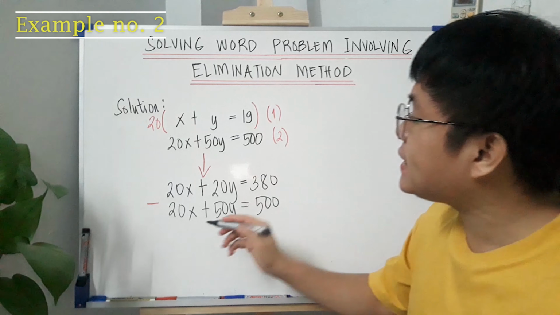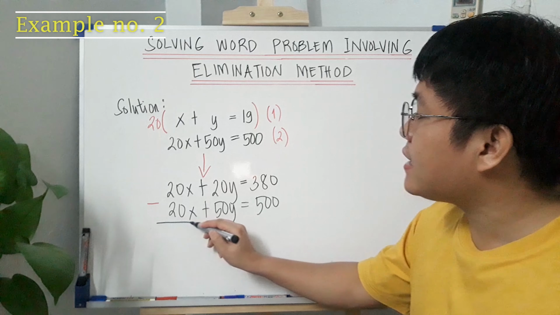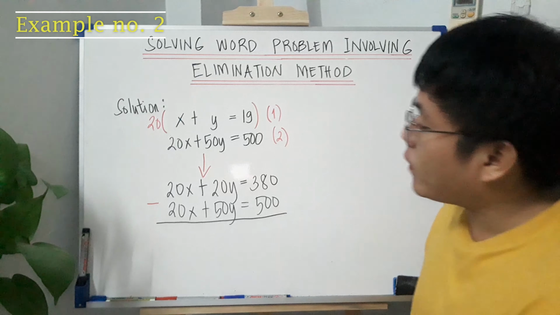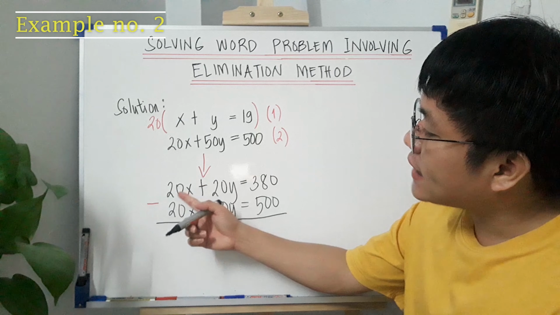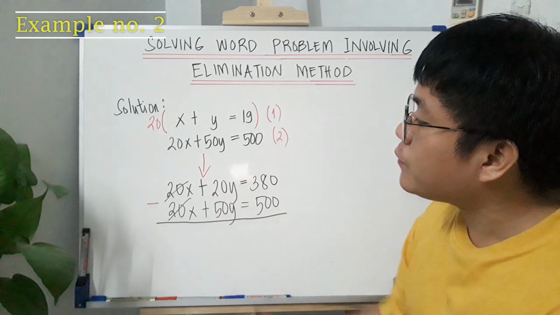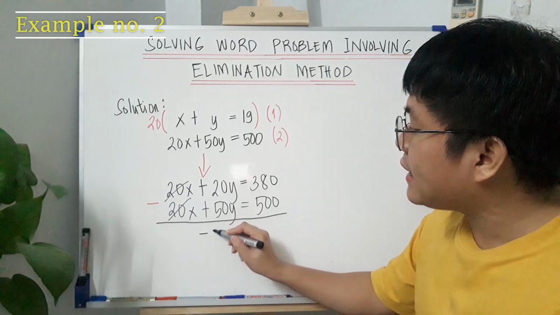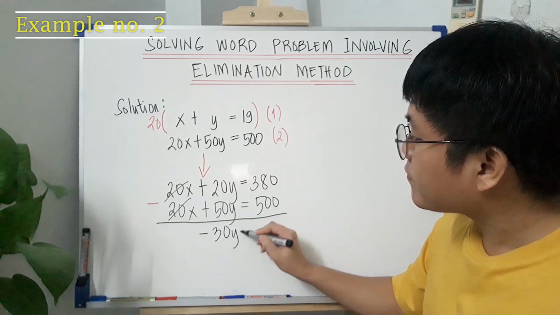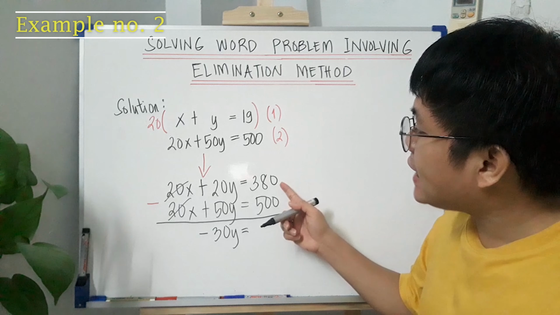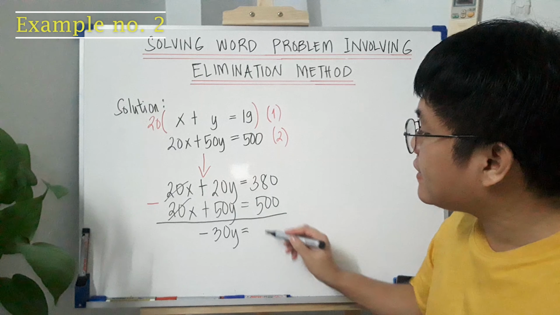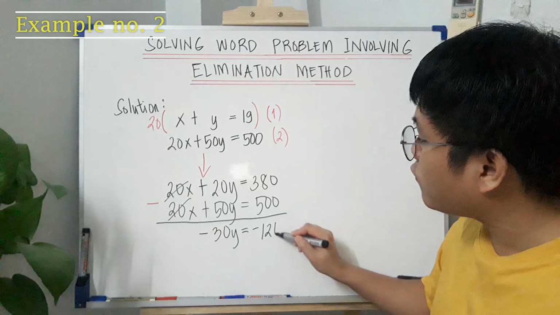Then we are going to proceed now in simplifying these systems of linear equations. So we have here 20x minus 20x, that will be 0. 20y minus 50y, that will be negative 30y, equals 380 minus 500, that will be negative 120.